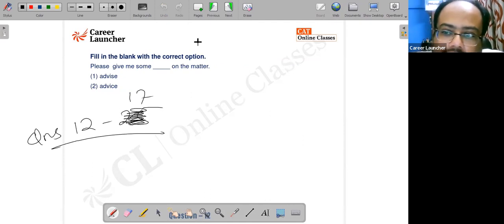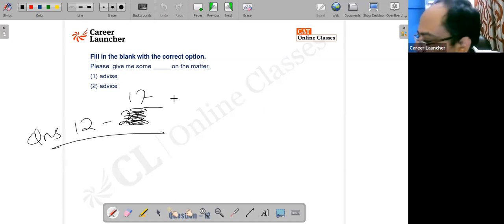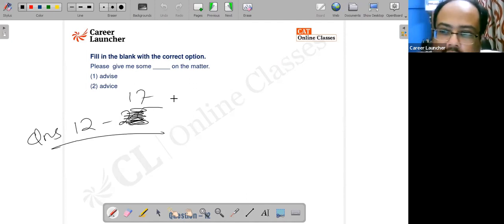Aditya, which question? The answer that you have given to which question? Vaishnavi, 14th is correct. 15th also correct.